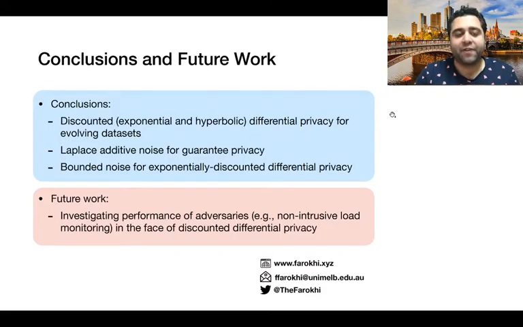And to conclude, what I wanted to present in this paper was just a view of how we can use discounting, which has been very popular in economics for good reasons, because of the way that we think about losses across time, in privacy.